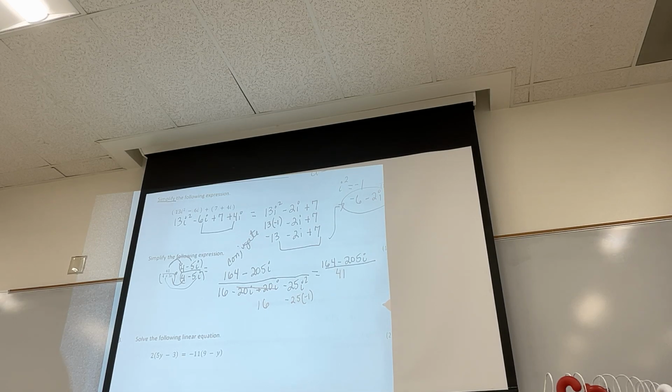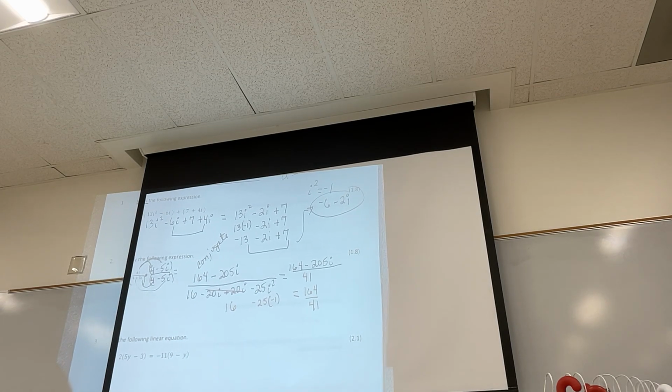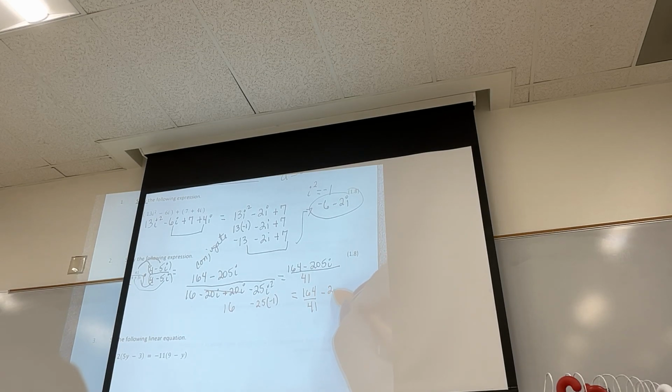So you want to ask yourself, can I reduce these fractions? Before you say yes. So what I mean by that is if we separate these into 2 fractions, minus 205i divided by 41. Can I pull something out of 41 and 164 that's the same?